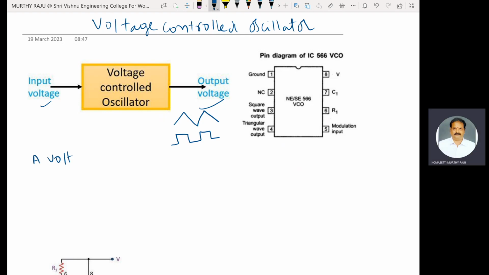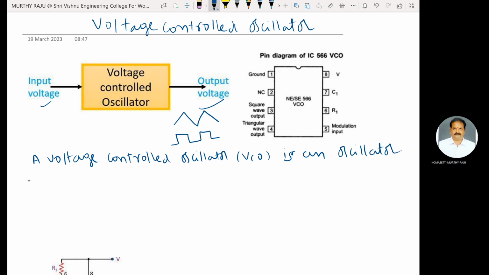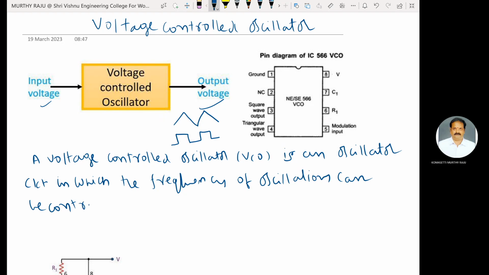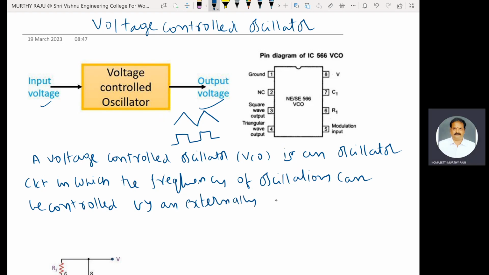A voltage controlled oscillator, VCO, is an oscillator circuit in which the frequency of oscillations can be controlled by an externally applied voltage.